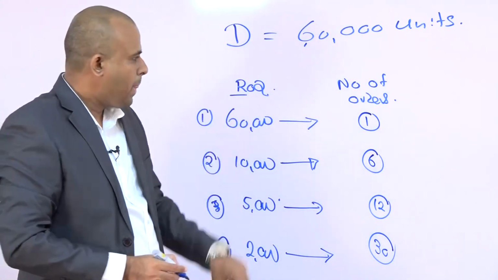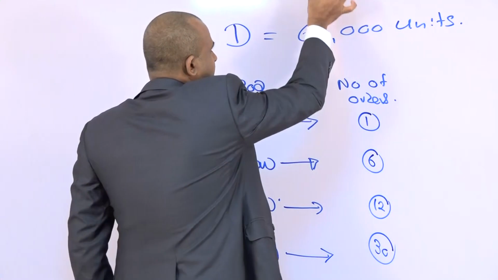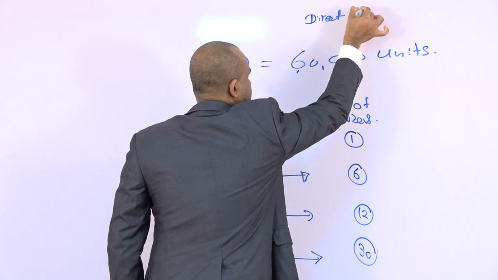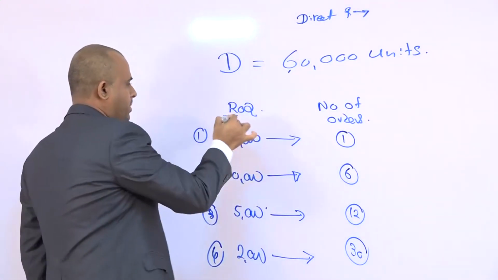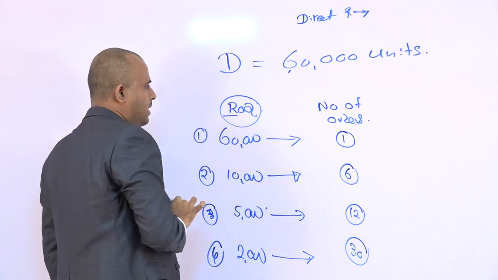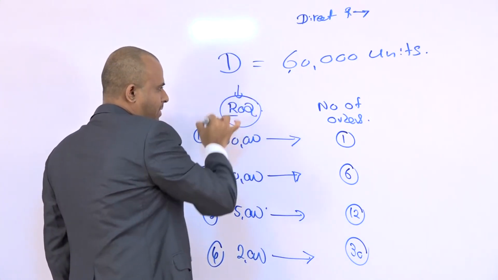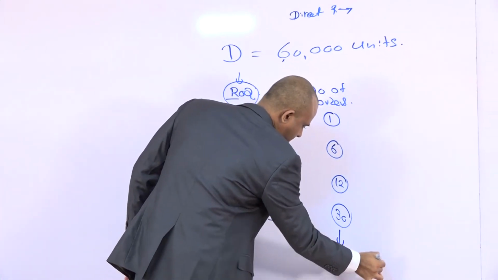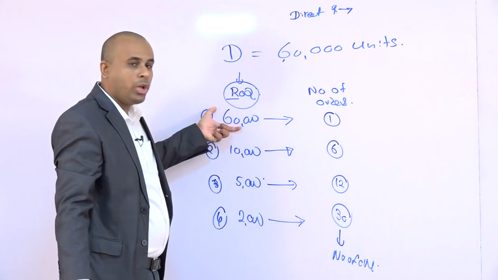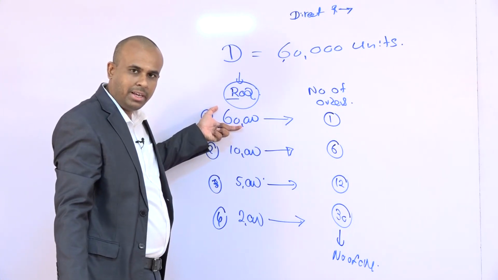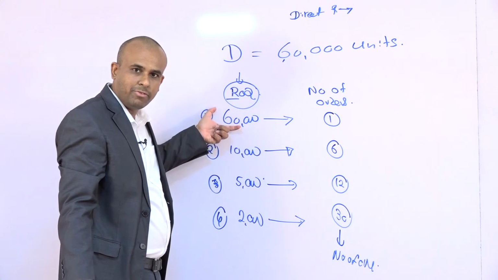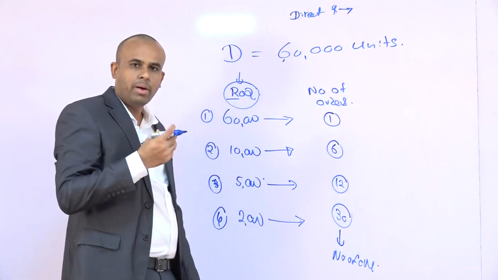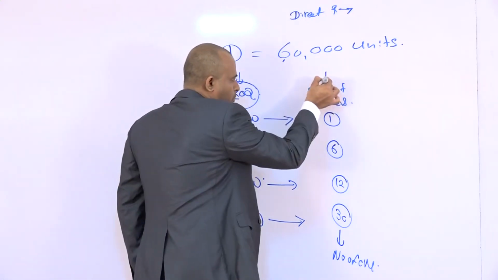You can see there is a direct relationship between the number of units you purchase at once and the number of orders. If you are purchasing more units at once, your number of orders would be reduced.